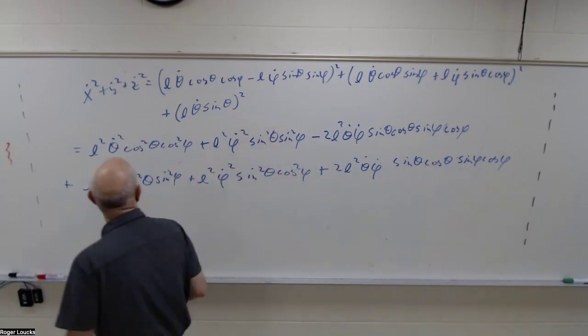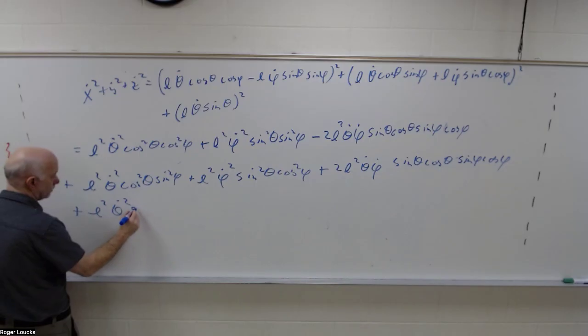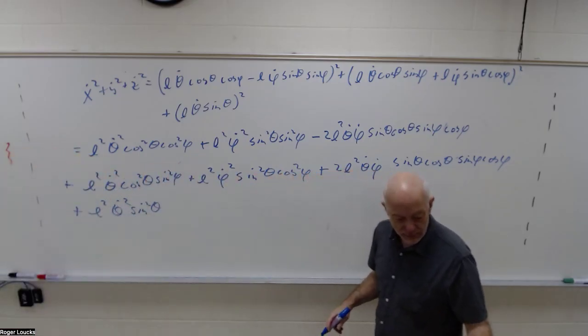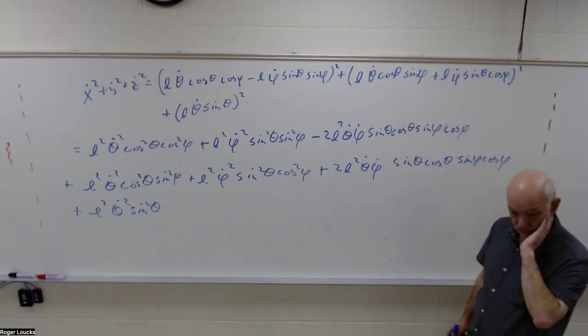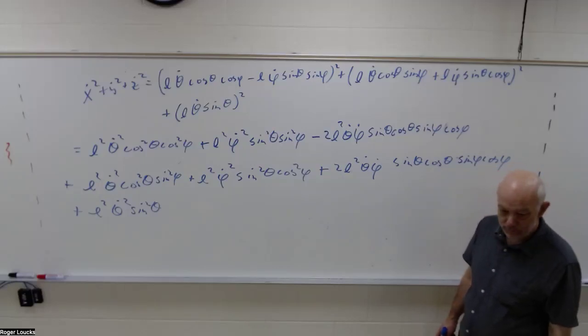Then the z term: plus L squared theta dot squared sine squared of theta. What great thing happens? A lot of great things.